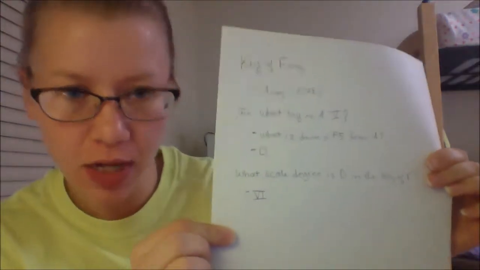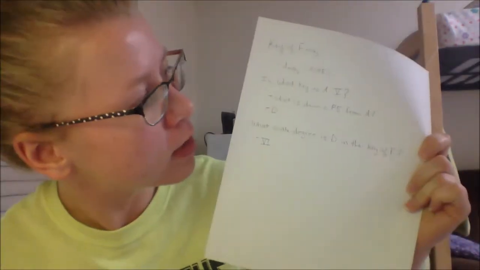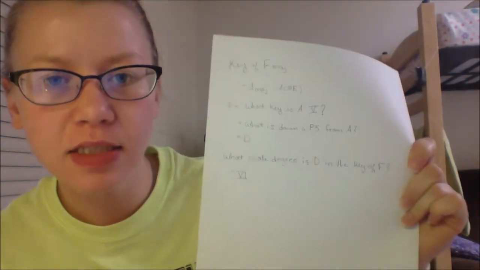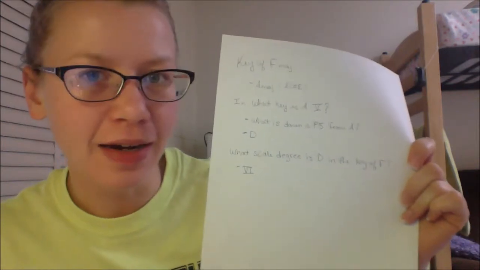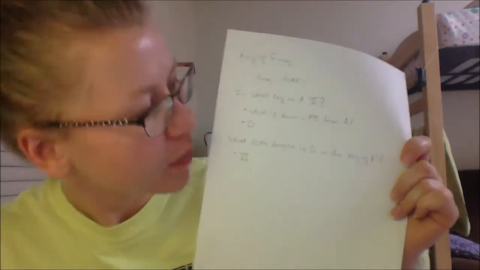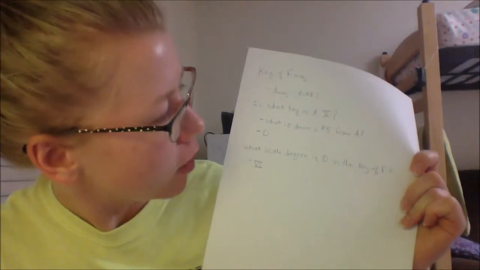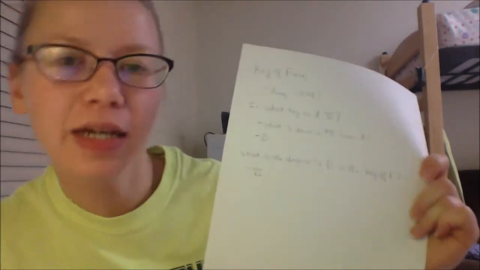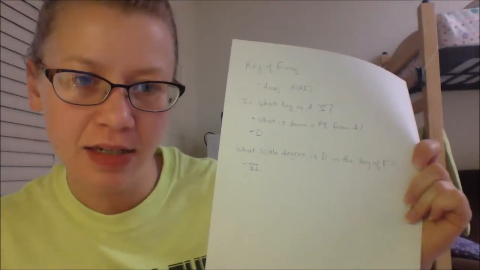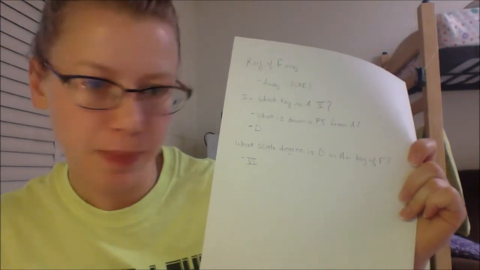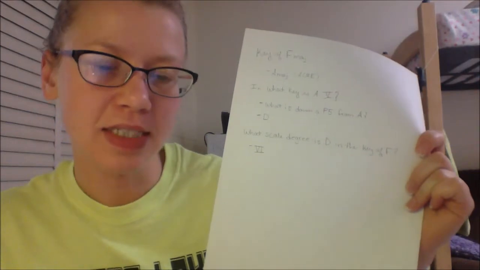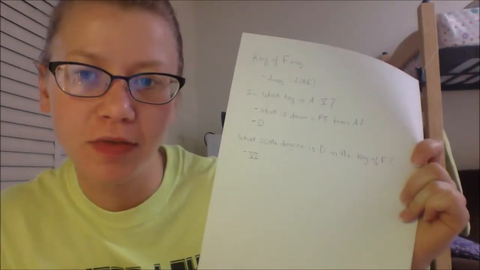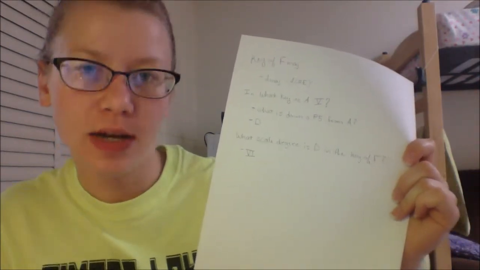So, we're in the key of F major. We see an A, C sharp, and E written. We realize that this is an A major chord. I would then ask myself, in what key is A the 5th scale degree? A way to figure that out is, what is down a perfect 5th from A?